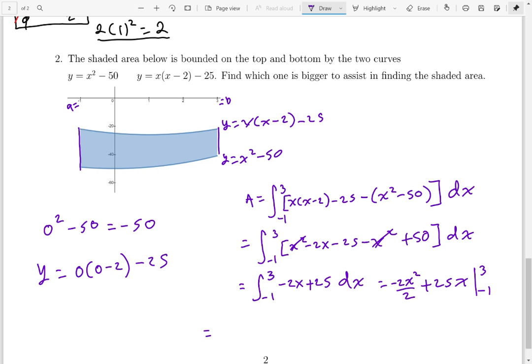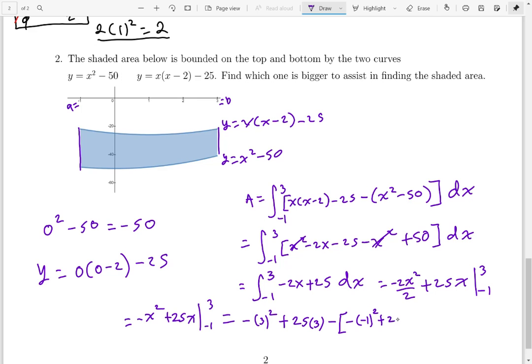And so this then gives me, I'm going to do one more simplification, that is, negative x squared plus 25x from negative 1 to 3, which is then negative 3 squared plus 25 times 3 minus negative 1 squared plus 25 times negative 1.